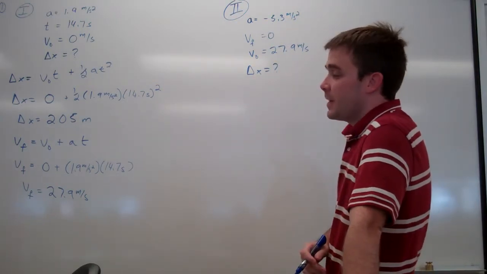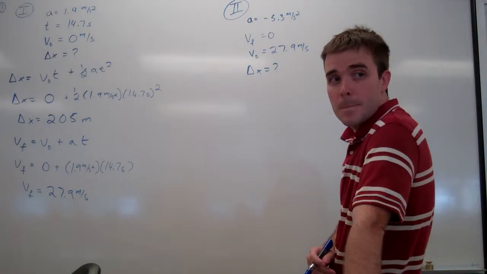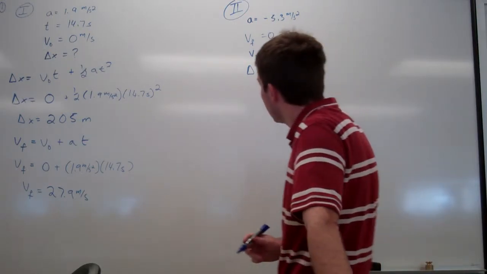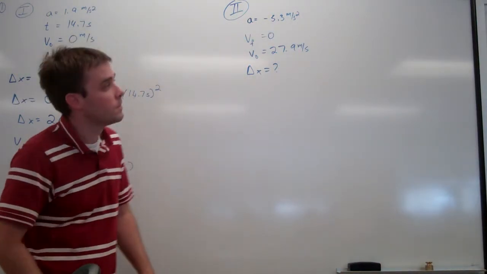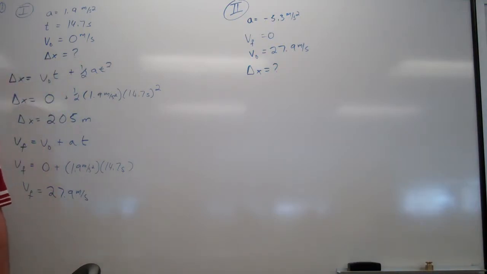So now what equation can we use to find delta x? Use number 4. We don't have time, and we don't have 2 or 5.